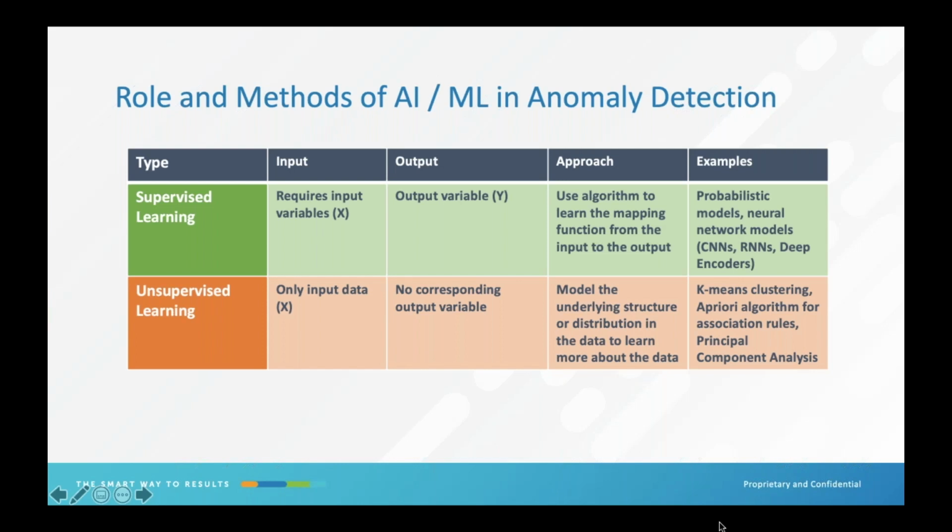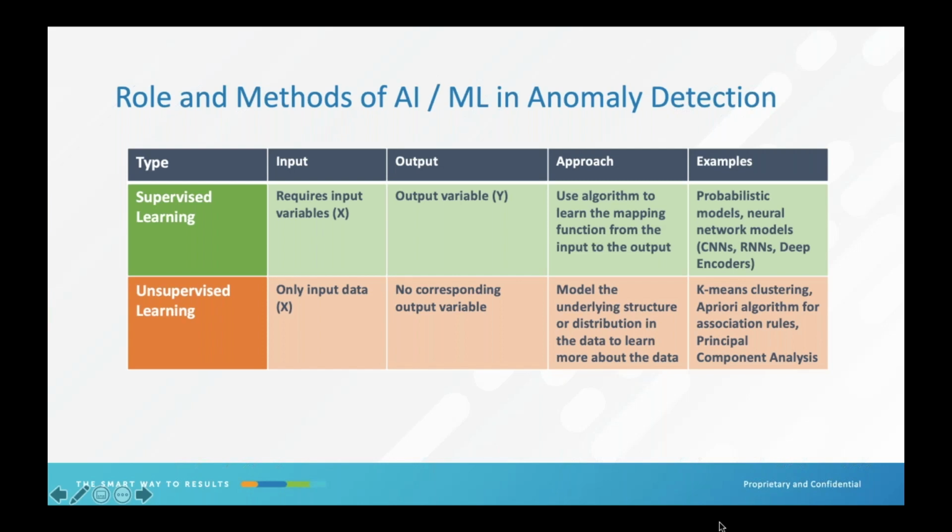Examples are clustering and association algorithms. With clustering, you plot out the data and see, based on multiple variables, how they come together, and any outliers can be identified as anomalies.